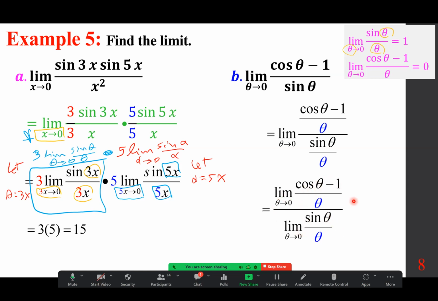The top becomes 0, the bottom becomes 1. The final answer is 0. So the key is, if you're using this, make sure the argument of sine, the denominator, and this variable are identical.